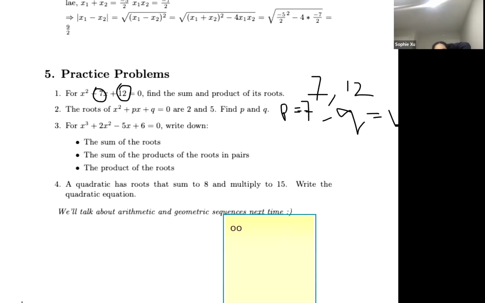Anyways, yes, it's x squared minus 8x plus 15, because the sum of the roots is the negative of the second term, so the second term is negative 8, and the product of the roots is just the third term.